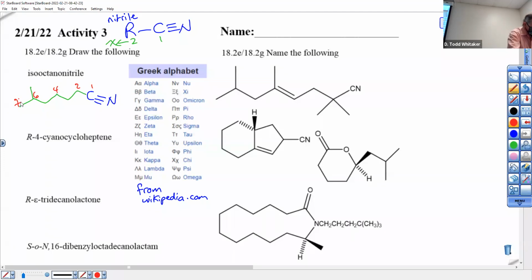Okay. Now, when do you use cyano instead of nitrile? Well, when the group is really sticking off of a bigger thing, and a nitrile is a C triple N group, and the bigger thing here is definitely cycloheptene.